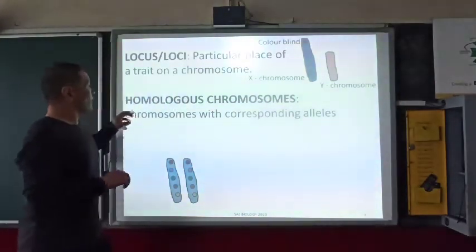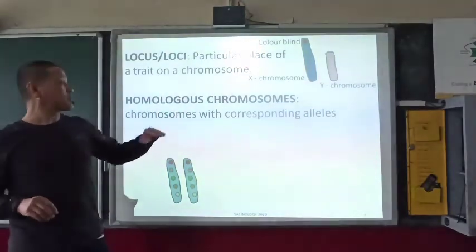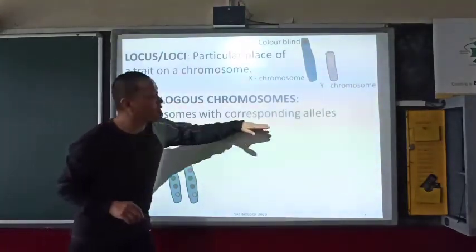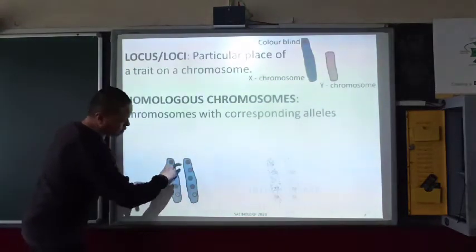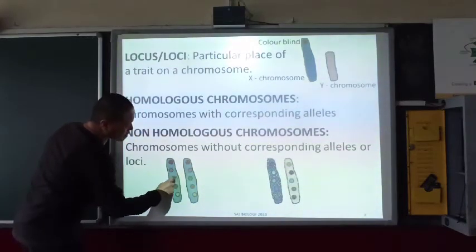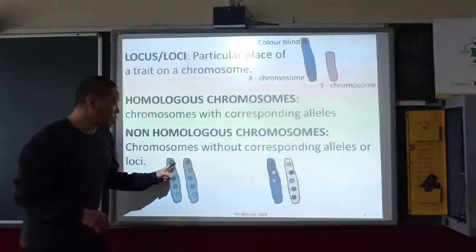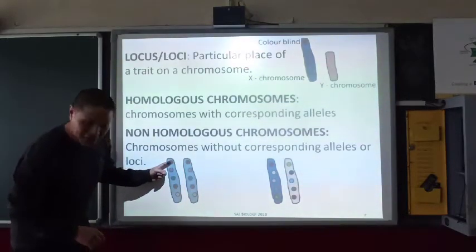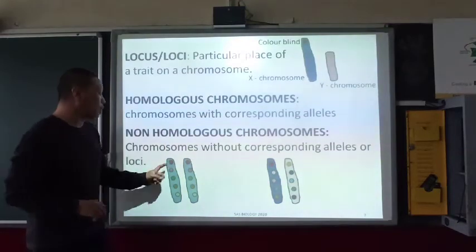Okay? And homologous chromosomes. Homologous chromosomes have corresponding alleles. Look at this example. There's a pair of chromosomes with similarly colored genes. Let's say the orange one stands for the features of the toes.